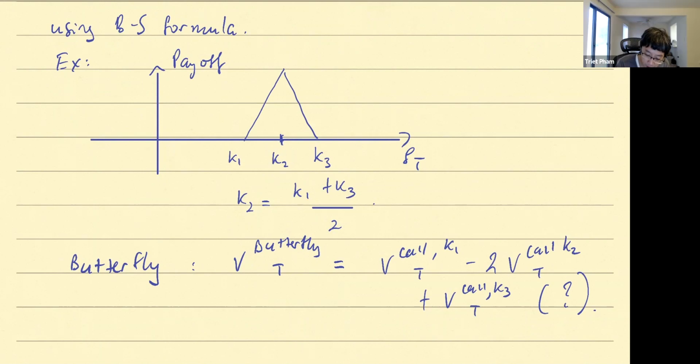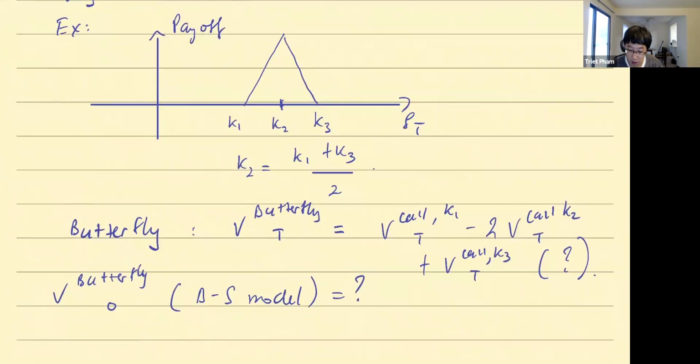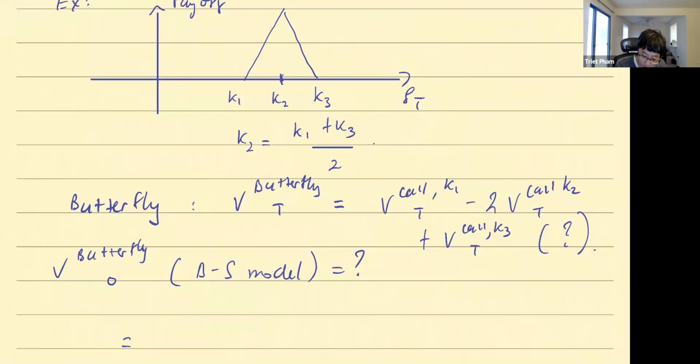What is V butterfly at 0 under the Black-Scholes model? Well, you don't have to plug the whole payoff structure into the Black-Scholes model to price it, because based on its decomposition, you can say this is going to be exactly right.